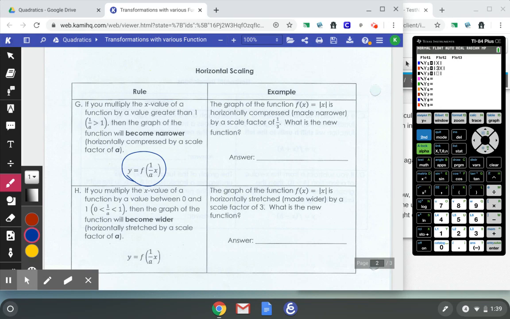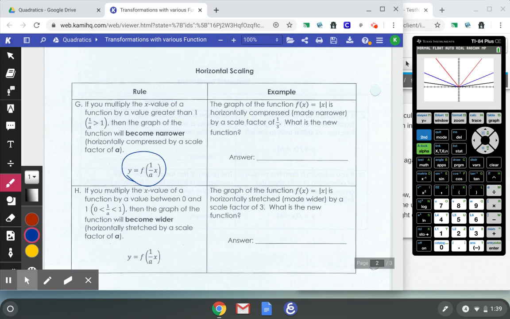Now let's see what happens when I multiply by a value that is less than 1. For example, 1/3, we could say. Let's see what happens. All right, graph it. In blue is the parent function.